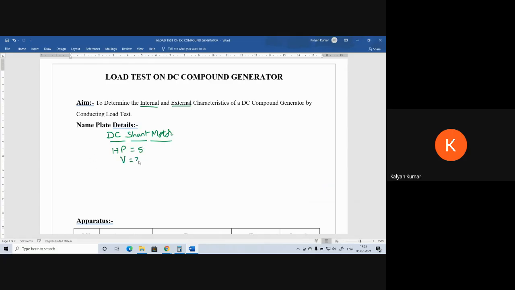Voltage rating is 220 volts. And the load current is 19 amps. And the field current is 1 amp. The speed rating is 1500 RPM.